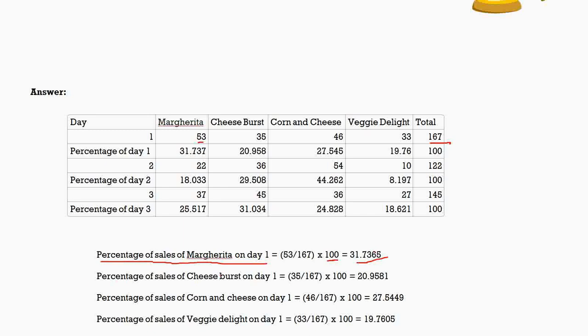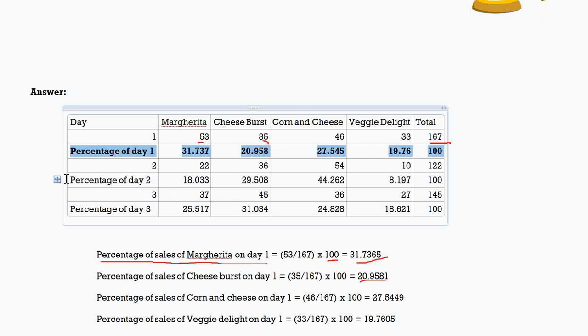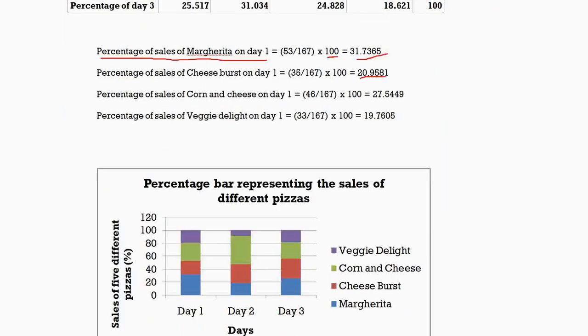And the percentage of cheese burst on day 1 is this 35 divided by the total times 100, and we get 20.958. So like this we calculate for all of these, and we now have to represent only these percentages in our bar diagram. So going forward, let us see how the diagram looks.